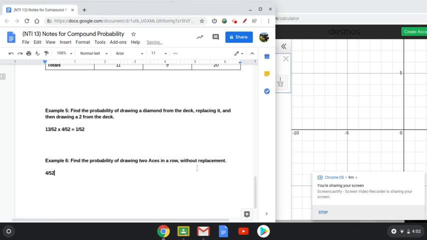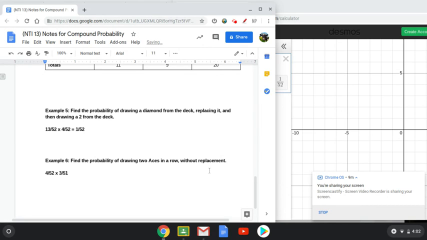There's a key phrase: find the probability of drawing 2 aces in a row without replacement. What that without replacement means is once you draw the first ace out of the deck, you don't put it back. So look at my second fraction here. I started with 4 aces and 52 cards, but once I draw one out, there's now only 3 left in the deck, and there's only 51 total cards.